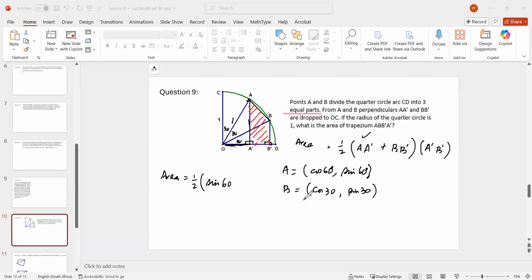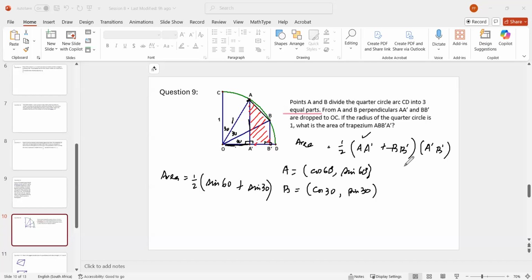So AA prime is sine 60 plus BB prime. Now BB prime is the y coordinate of B, and the y coordinate of B is sine 30. Okay, that's AA prime plus BB prime.